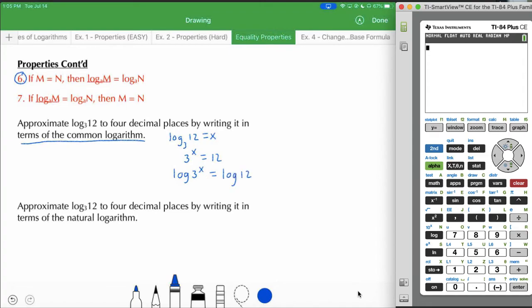Okay? Now, how does that help me? It almost looks like I'm making this more complex, okay? Well, I can use the power property of logarithms now to bring x in front here.